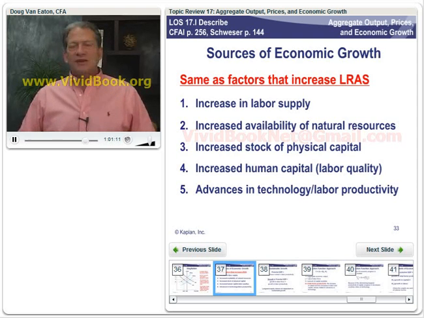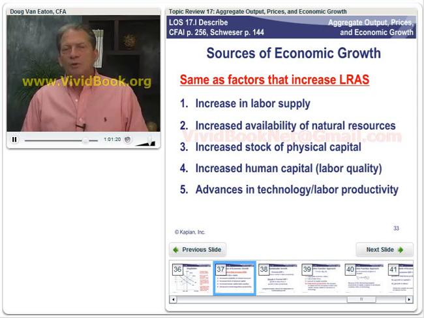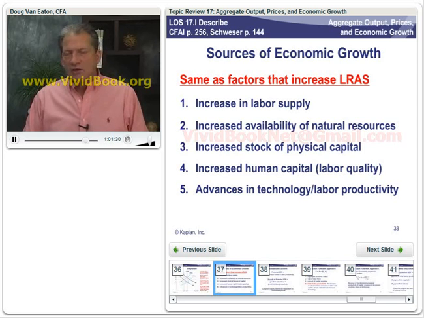And if technology improves, we can produce more. We've seen over time, even in our lifetimes, that sometimes technology moves very rapidly, industry to industry. We've seen a great increase in technology that's increased the productive capacity for oil and especially natural gas.